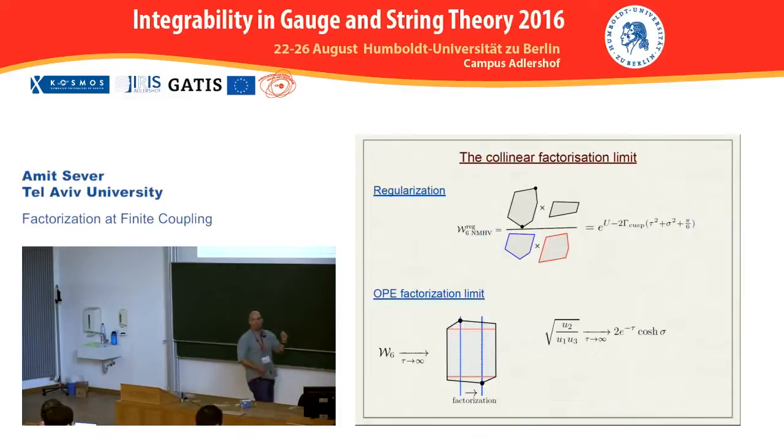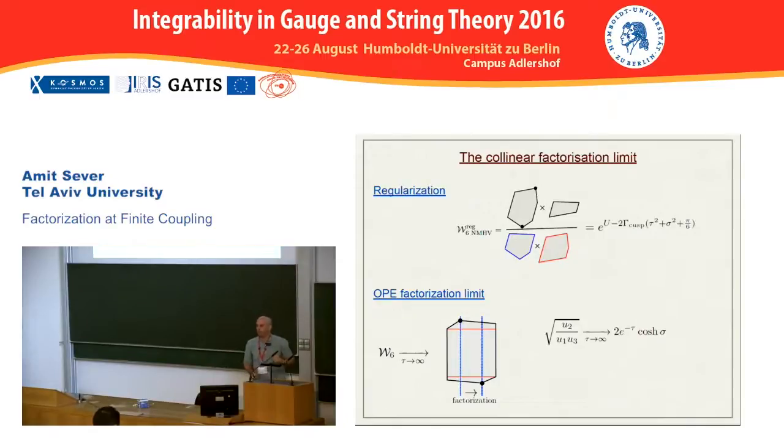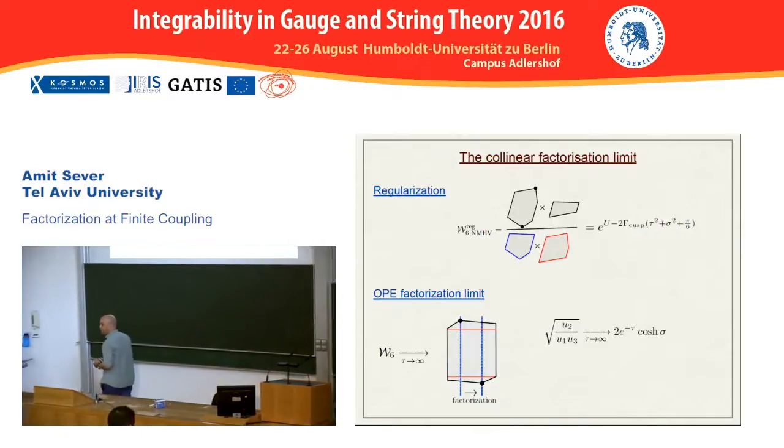Now, what happens if we first go to the collinear limit, we first take tau to be very, very large, this is the limit where we flatten the bottom and the top of the pentagon. Now the factorization limit is the limit where this point on the bottom and point on the top become null separated. And this is controlled by sigma. Sigma is the relative direction of this point on the bottom and on the top.